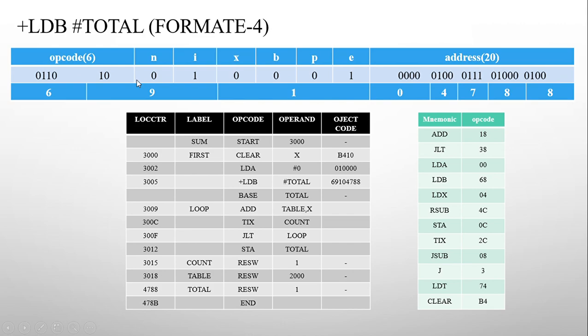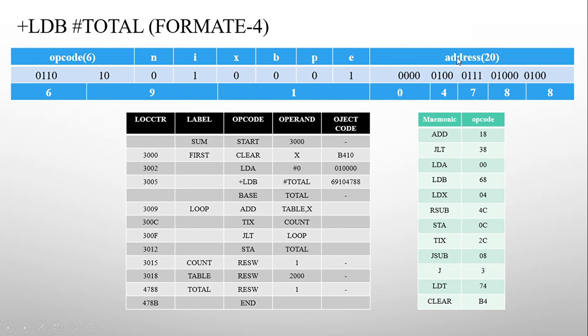Now let us consider the addressing modes. Here LDB has #TOTAL, which is an immediate addressing mode. Therefore we are setting the i value to 1. Remaining all are set to 0. Here e is set to 1 because it is format 4.